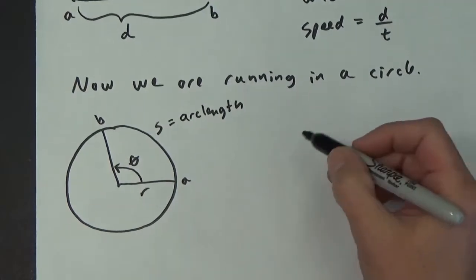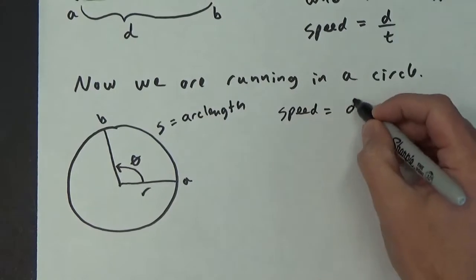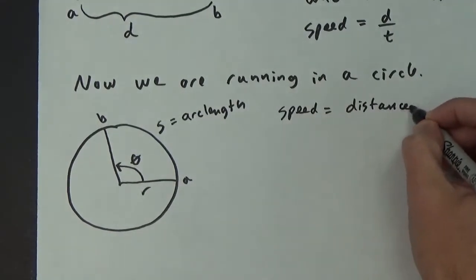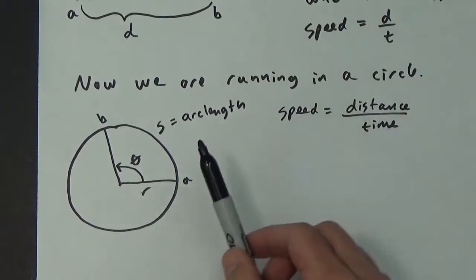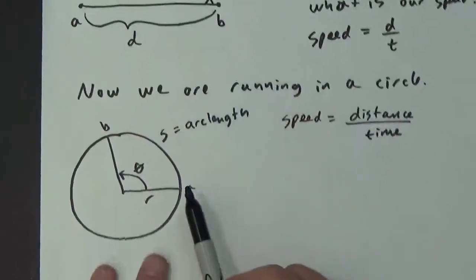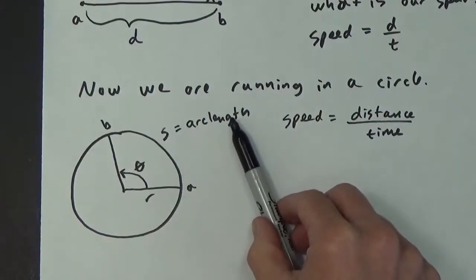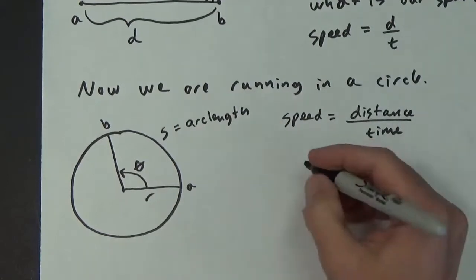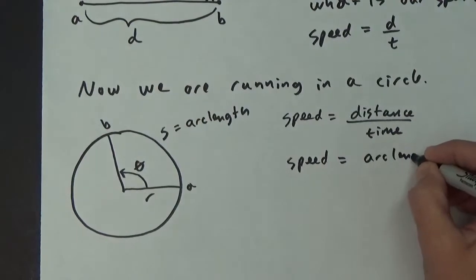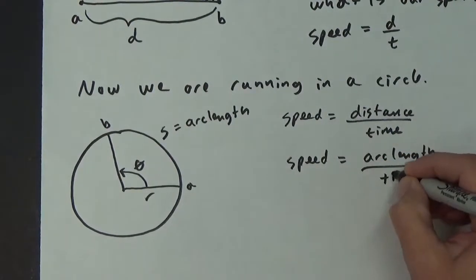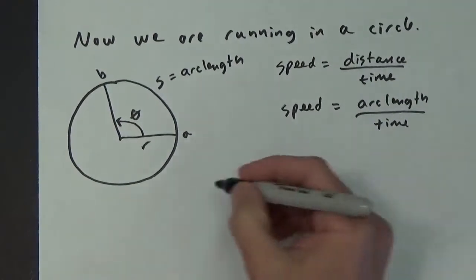All right, now remember that speed is still distance over time. But in this case, the distance isn't a straight line distance, it's a curved distance. And that curved distance is the arc length. So our speed is actually going to be arc length over time. And so this is what we're going to call linear speed.